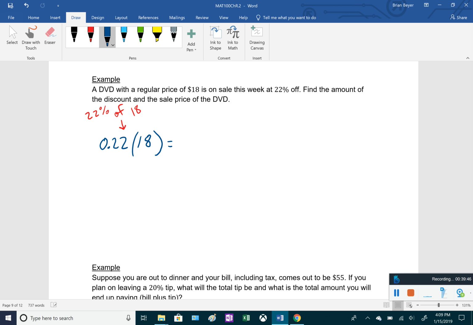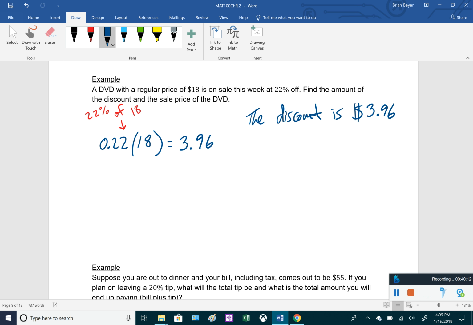So 0.22 times 18, we multiply those together like we did previously. I'm just going to skip to the answer because we've already done a couple of them. We get 3.96. So that means the discount is $3.96. The answer seems to make sense logically, so that's good.